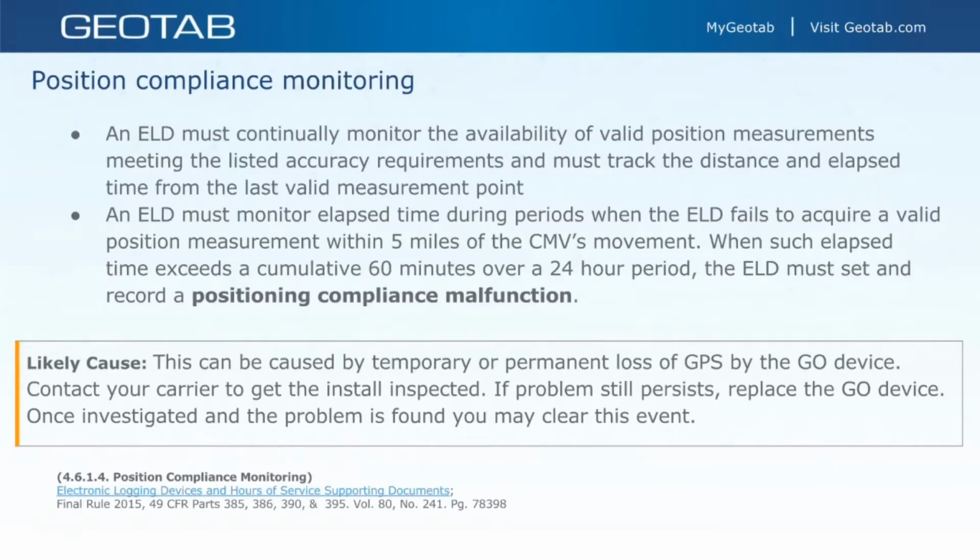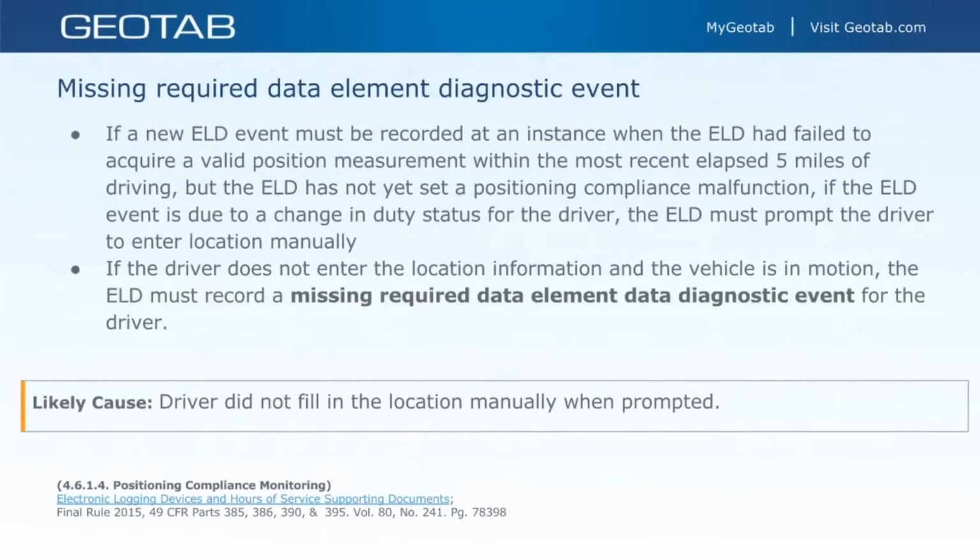Maybe a problem with the Go device, but all this really means is that we're not getting the GPS signal that we require to stay compliant. A missing required data element diagnostic event. Now this is related to the one that we just looked at, the position compliance monitoring.